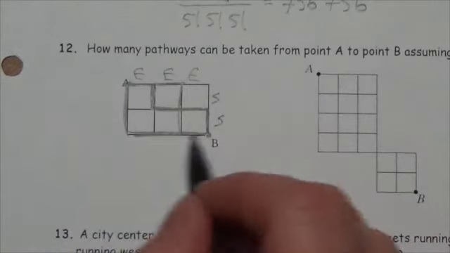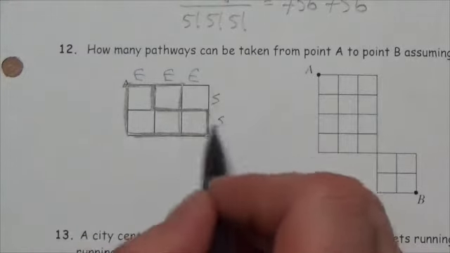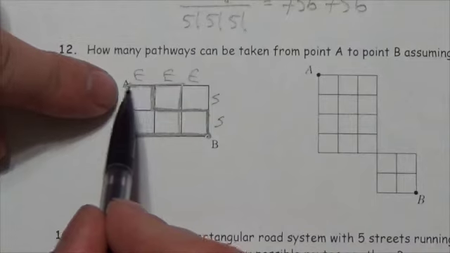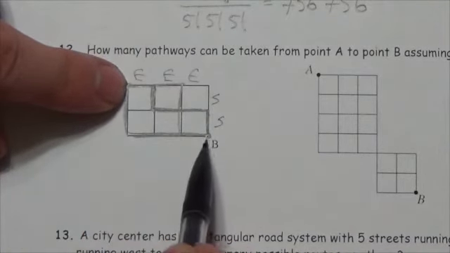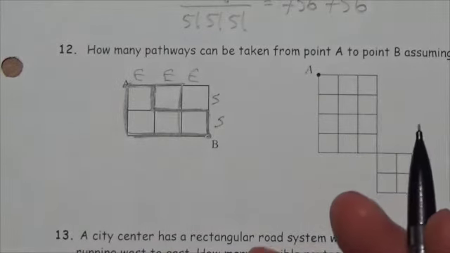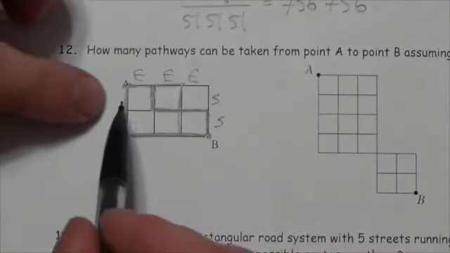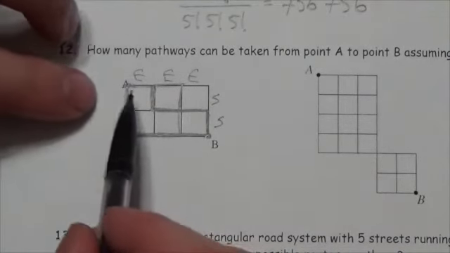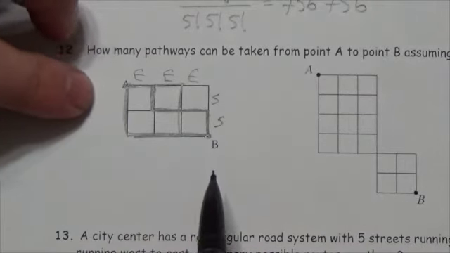So what makes a unique pathway from A to B is a unique ordering of the 3 easts and the 2 souths. So for example, this path that I did right here initially, that's east, south, east, south. That's a unique ordering of those letters. That's a unique path. This other one was south, east. That's unique. Another one that I did was east, south, south.